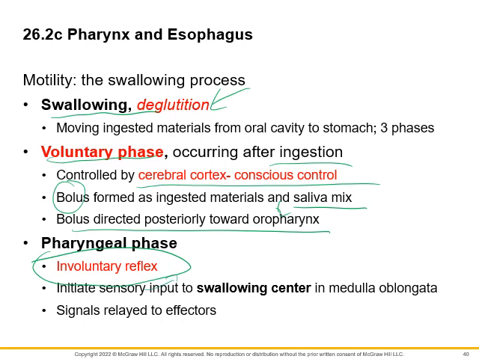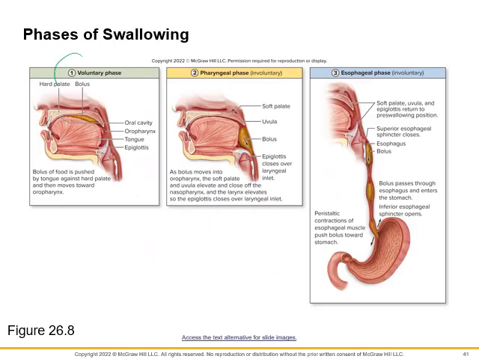The sensory input, there's something in the pharynx, goes to the swallowing center, which is in the medulla oblongata, and then we relay to the effectors, the muscles, to actually start that reflex of alternating contractions to propel the food down the pharynx. So, visual here: you can see the voluntary phase, the tongue is pushing the food, and we push it back into the oropharynx, and now the involuntary pharyngeal phase is going to take over, and we're going to move that bolus through the pharynx and down the esophagus to the stomach.